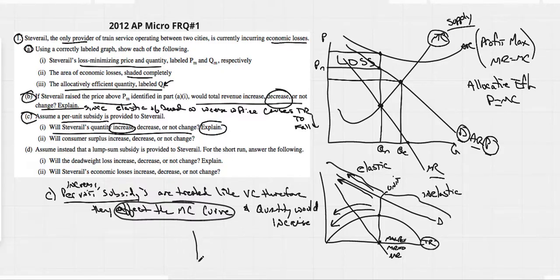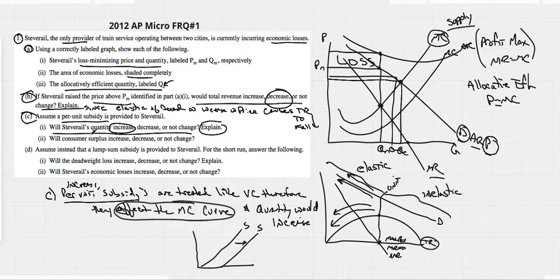That's kind of how I like to think of that marginal cost curve. A subsidy tends to incentivize more production. A per unit subsidy would shift supply to the right, so there would be more supply. Therefore, your marginal cost curve would shift to the right, and you would get a lower price and more quantity.